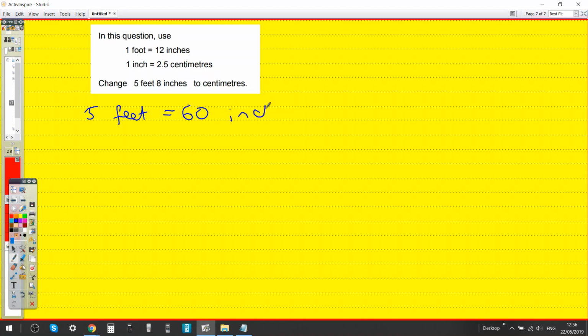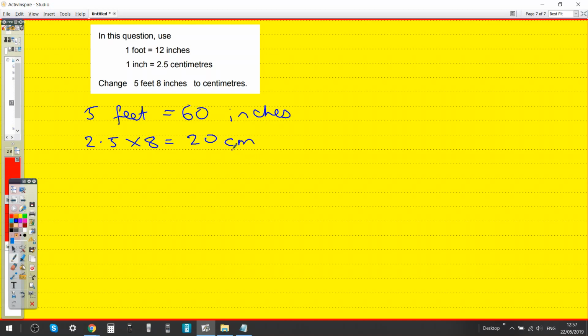8 inches, so 1 inch is 2.5 centimeters, so 2.5 times 8 is 20, so that's 20 centimeters.